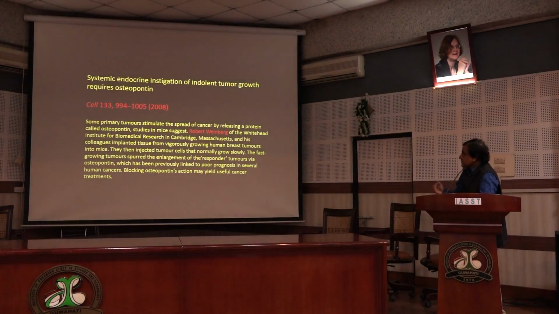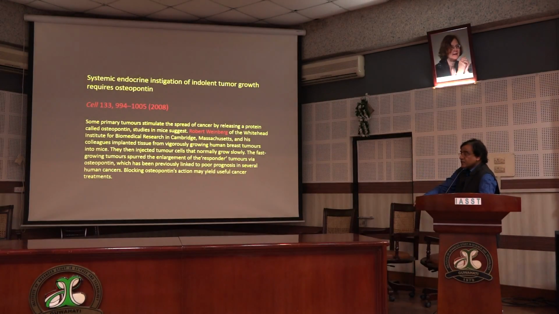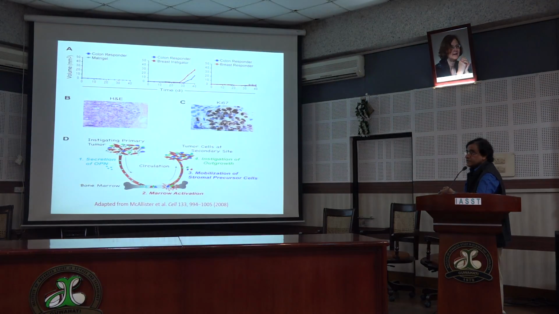While many people are working in this field, a paper came from Professor Bob Weinberg's lab at the Whitehead Institute for Biomedical Research, MIT Harvard, which showed that systemic endocrine instigation of indolent tumor growth requires osteopontin. This group developed an animal model.